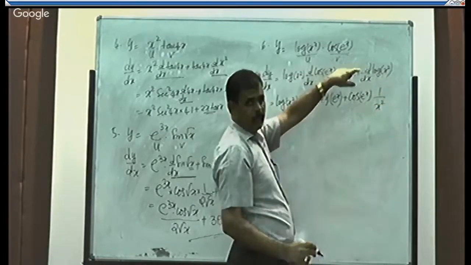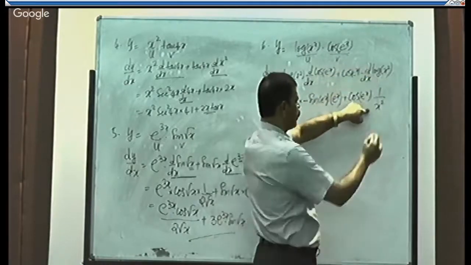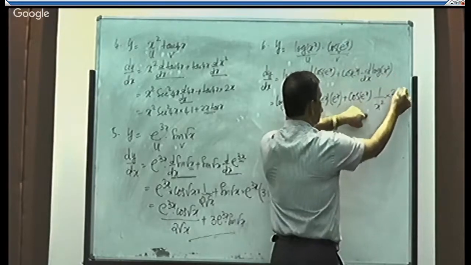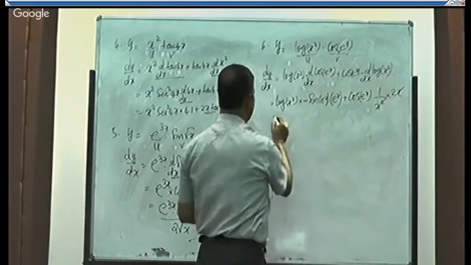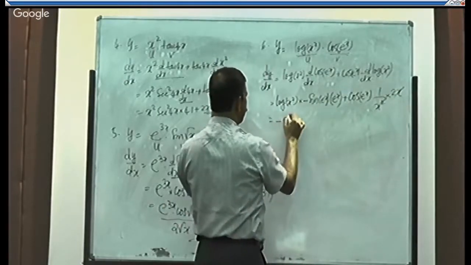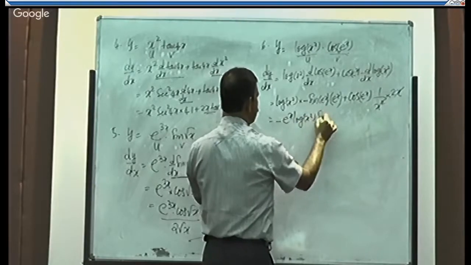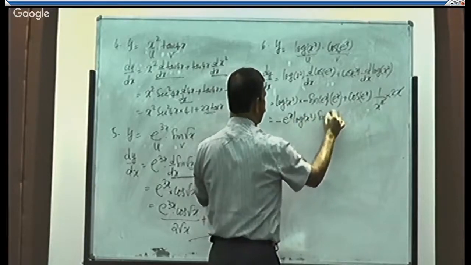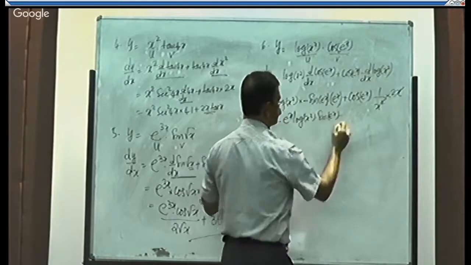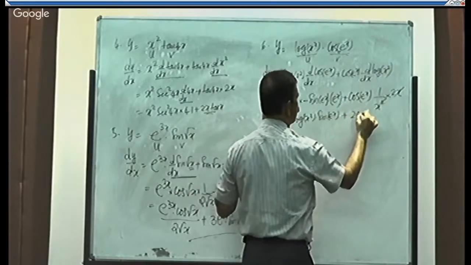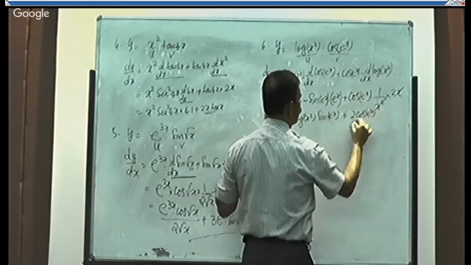Log function is 1 by function into d by dx of the function. It is 2x, and x gets cancelled. It is minus e power x into log of x square into sine of e power x, plus 2 into cos of e power x divided by x.